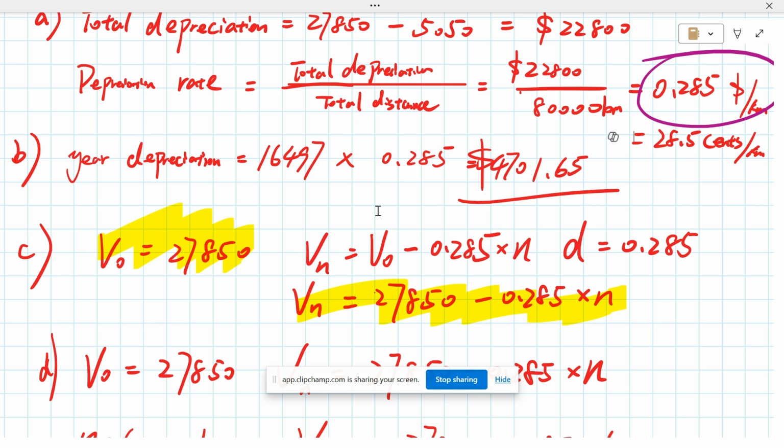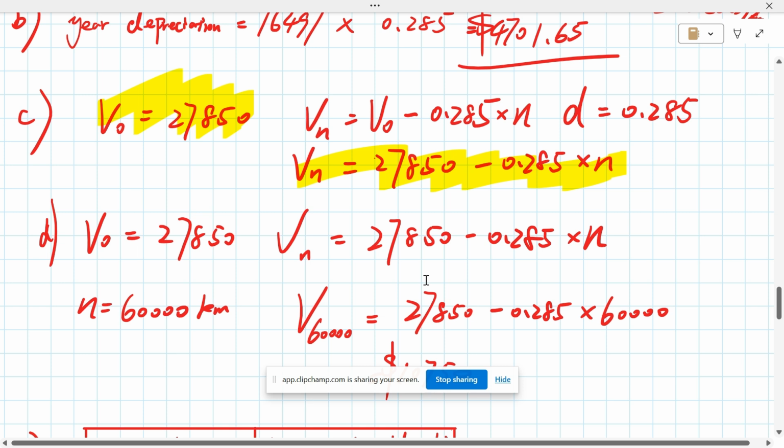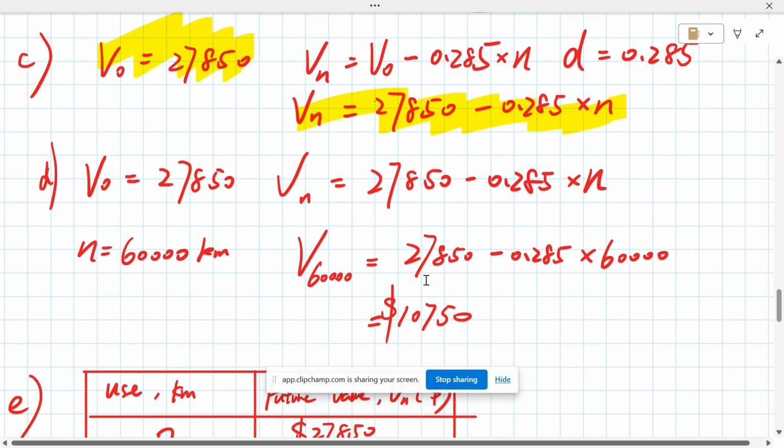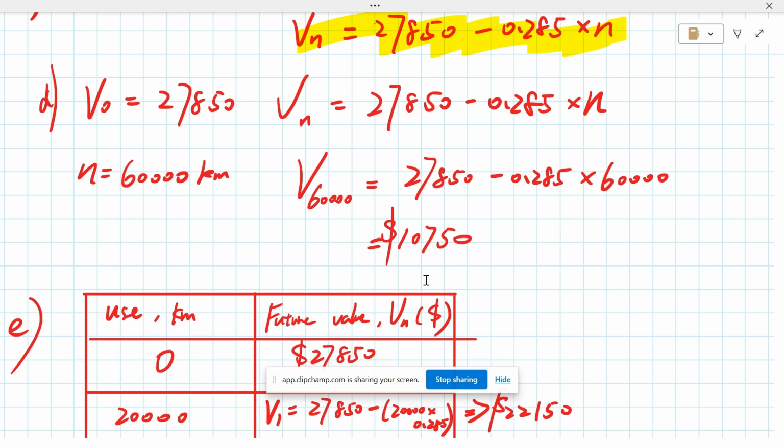This is pretty much what we have. Then they ask when the vehicle has traveled 60,000 kilometers, what's its value? That will be equal, and you just substitute into your recurrence relation, and you will find your final value.